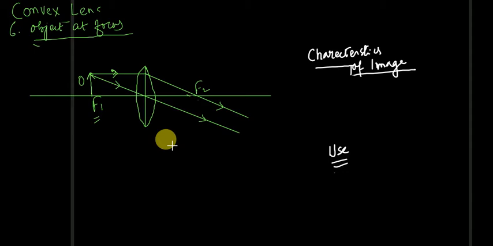Here now the object is much closer again, so it is basically at focus. One of the rays passing parallel is converging at f2 and going on. Another ray passes through the optical center and is also going on. As you can see, these rays are parallel to each other and will never meet, so the image will be highly enlarged. The image is formed on the opposite side, so it is a real image.